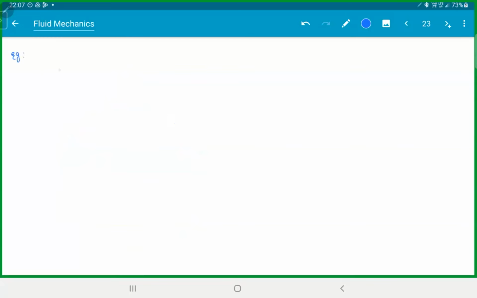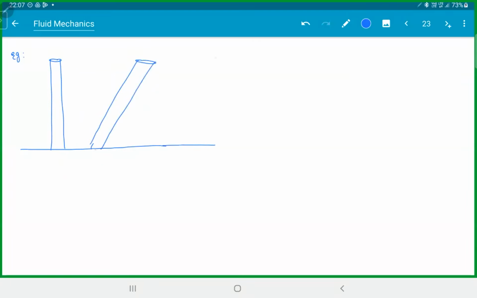Example. Let's say we have a container like this. We have a container like this. We have a container like this. All are same height.